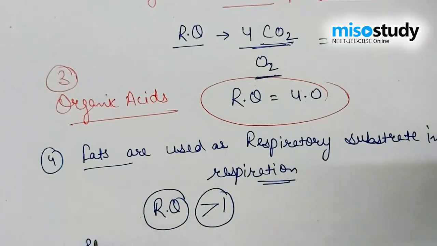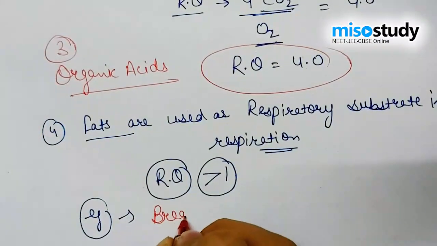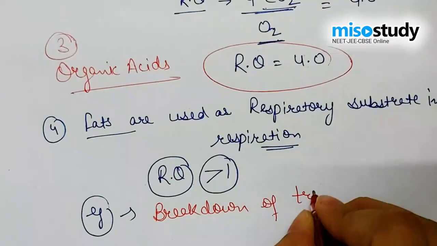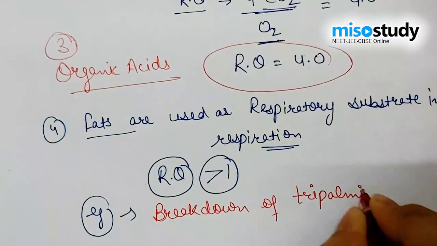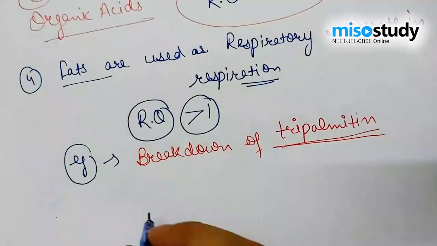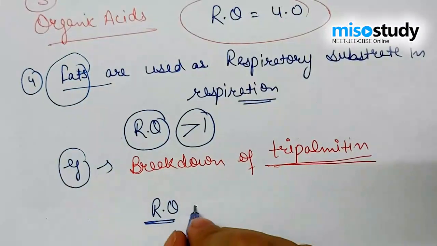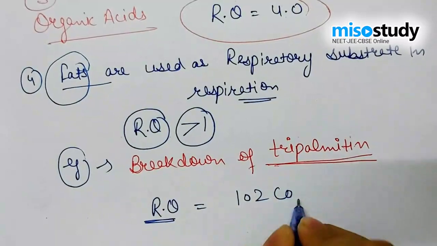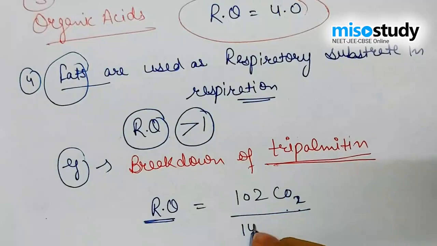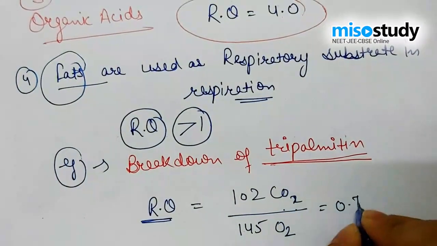For example, in the breakdown of tripalmitin, RQ in the case of fat is equal to 102 molecules of carbon dioxide evolved over 145 molecules of O2 consumed, which is equal to 0.7.